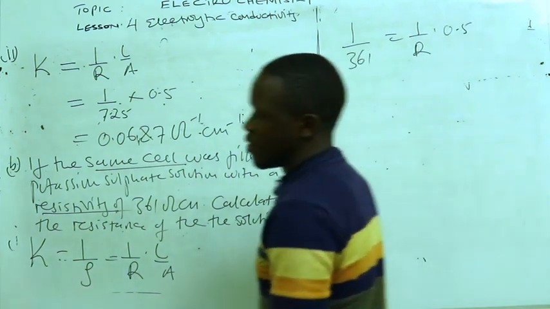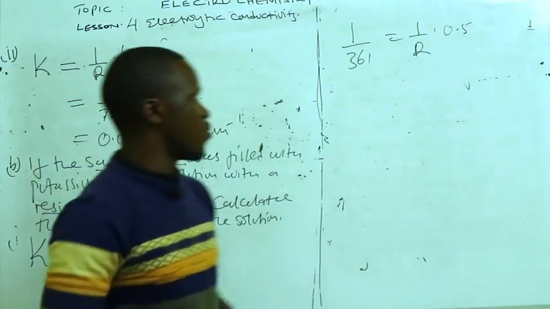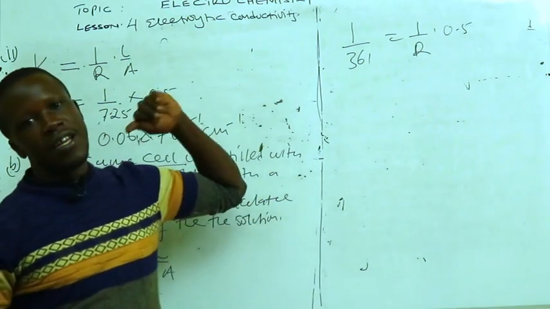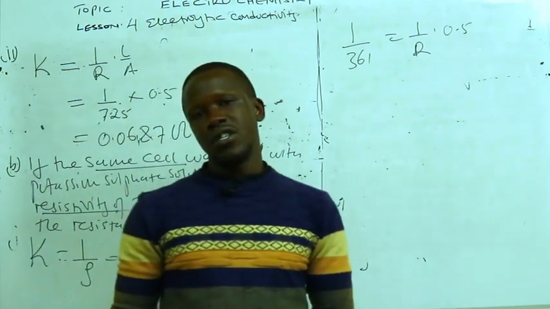And so resistance can easily be obtained. Using your calculator, you can compute and get the answer. The units will be ohms, since it is resistance.